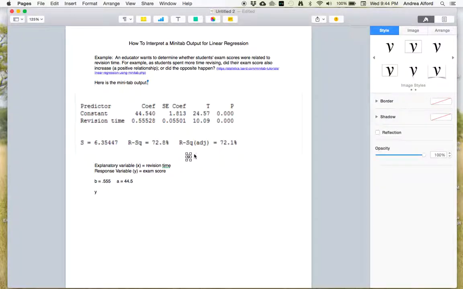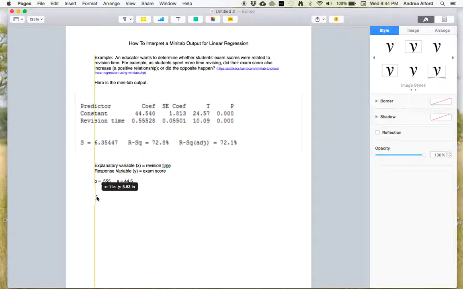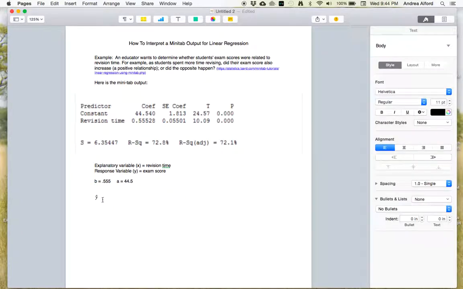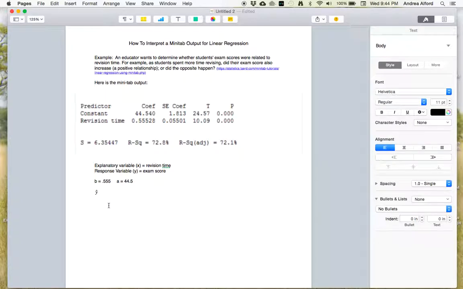Command V. I don't like this new MathType because it puts things in random places. But so what do I have? I've got y hat. Now, this is doing weird things for me. y hat is equal to a plus bx. So that's the equation of my regression line.